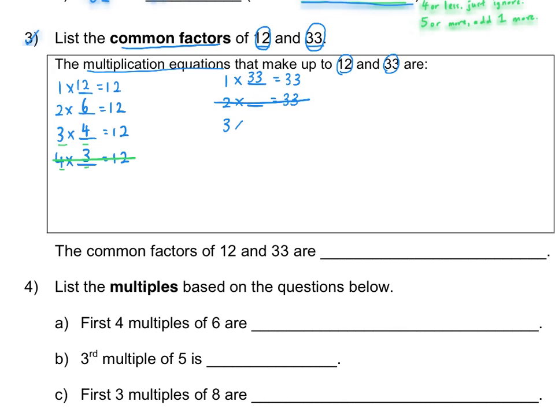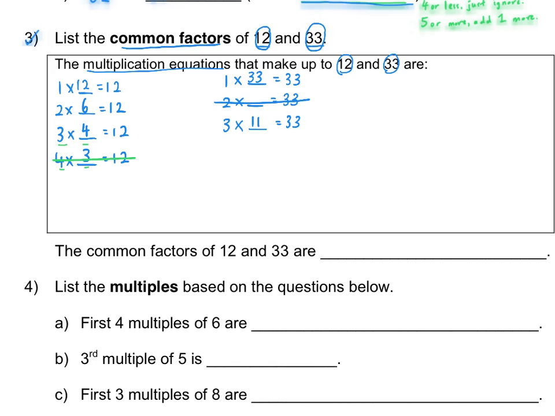Next, 3 times what gives 33? So let's list. 3, 6, 9, 12, 15, 18, 21, 24, 27, 30, 33. How many fingers are there? 11 fingers.